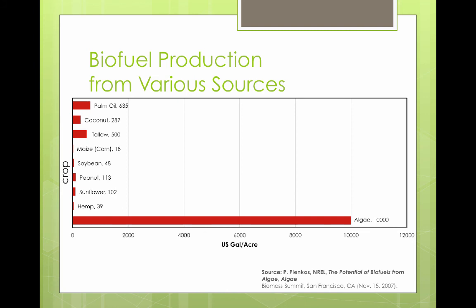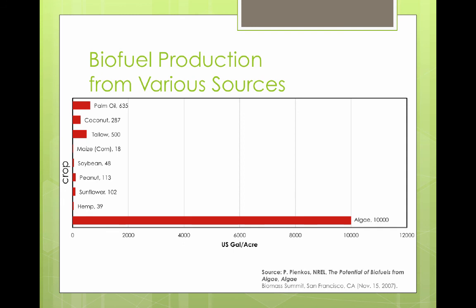So algae is very attractive in the sense that we get a nice large yield for the amount of space and energy that we would supply in order to produce algae. And the reason for that is that the energy that goes into growing algae is mostly going into just growing the cells. There's not a lot of plant structure that has to be grown.